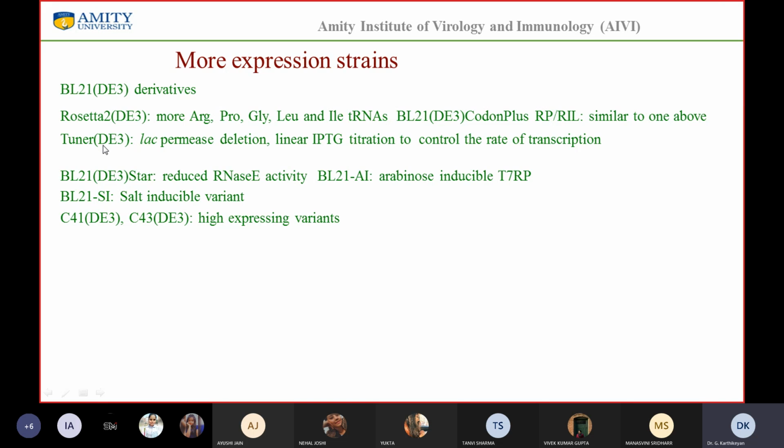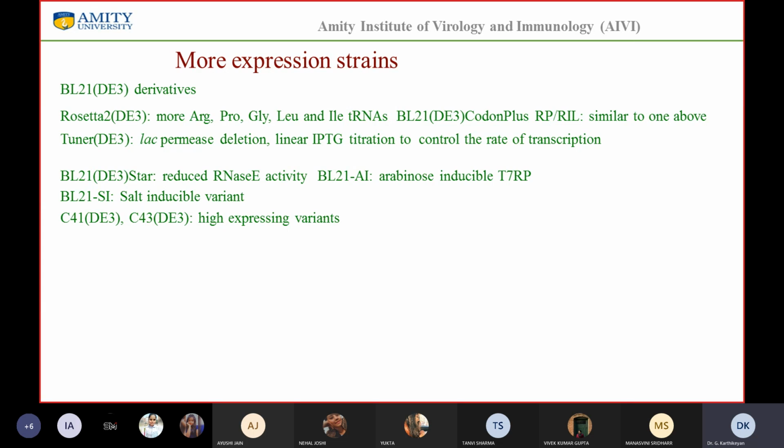Then you have another strain called Tuner, which is lac permease deleted, and you can actually play around with the concentration of IPTG and control the rate of transcription, so essentially you can control the amount of T7 RNA polymerase.